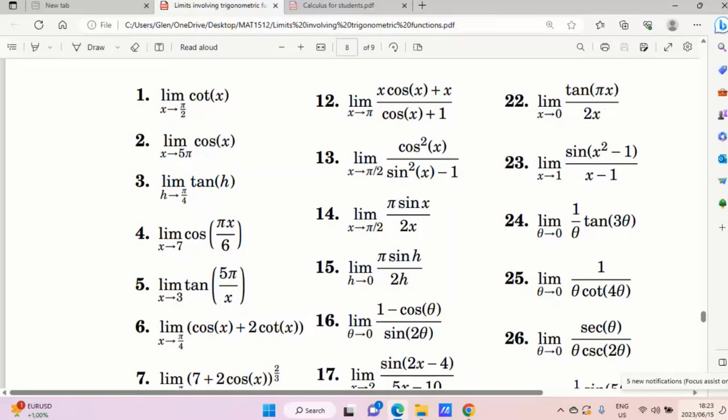Why do you say that? What is the cos of 45 degrees? It's square root 2 over 2.